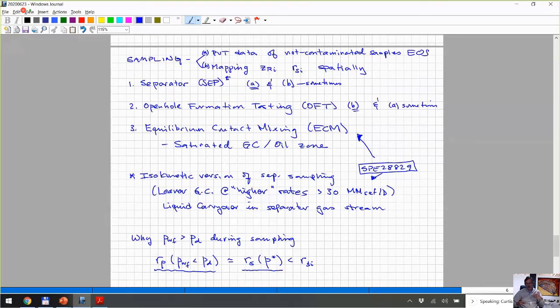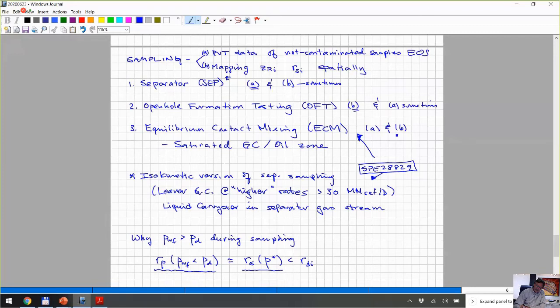if the samples are not heavily contaminated with oil-based mud. There'll always be some oil-based mud contamination if you're drilling with oil-based mud, but if it's low enough, you can, or if you don't have the separator samples, you may have to use contaminated samples to build the equation of state model. And equilibrium contact mixing, which I'll explain second, can be used for both A and B. And it's really ideal for both of them.